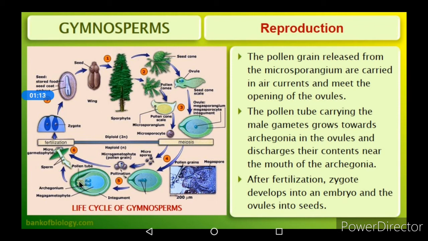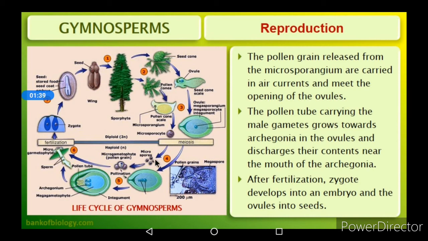So here you can see they develop a pollen tube. Once the sperm and egg meet each other, fertilization occurs. As a result, zygotes are formed, right? And the zygote develops into an embryo, and this ovule will change into a seed again.